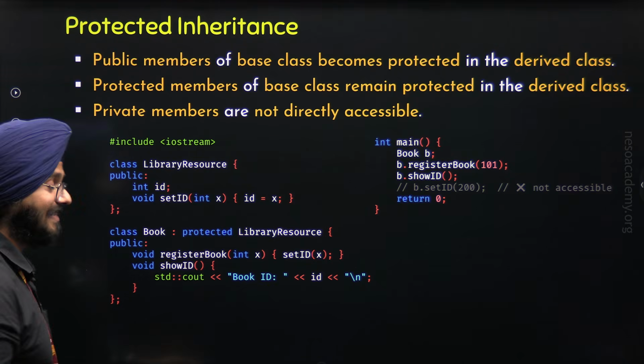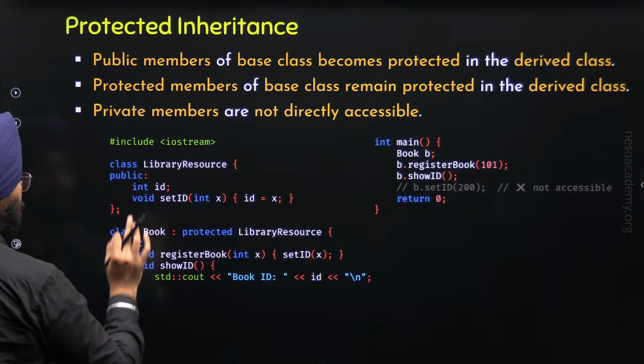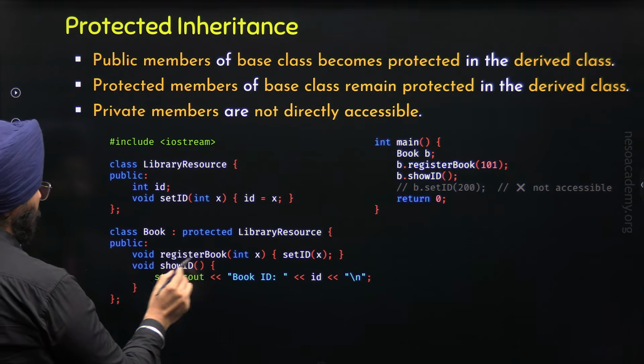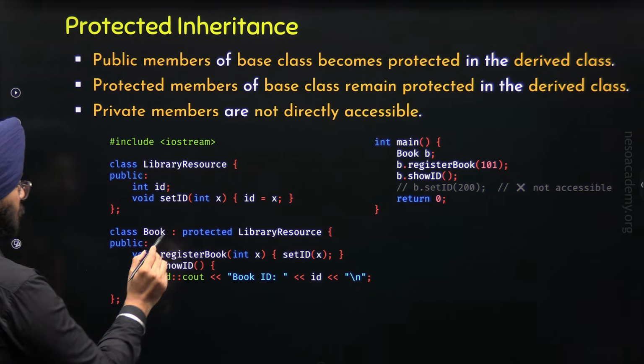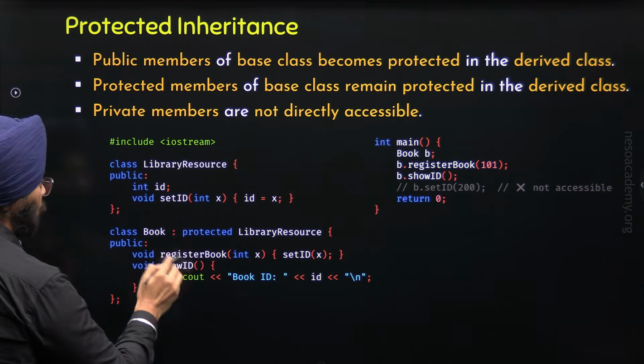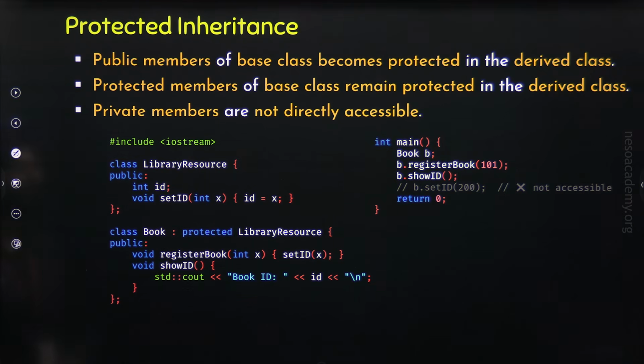This means these public members are now treated as the protected members of this class. Here we also have these public member functions. We have the registerBook function to register the ID of the specific book. We also have the showID function that allows us to display the ID of the book.